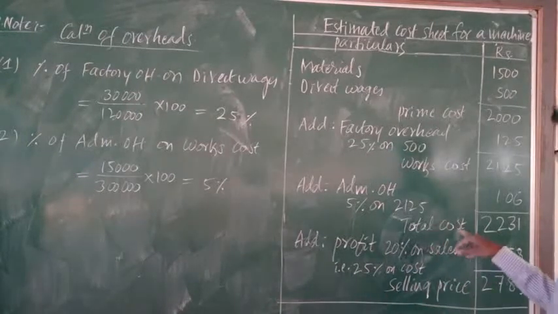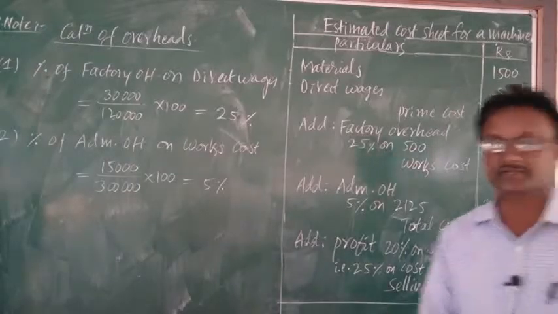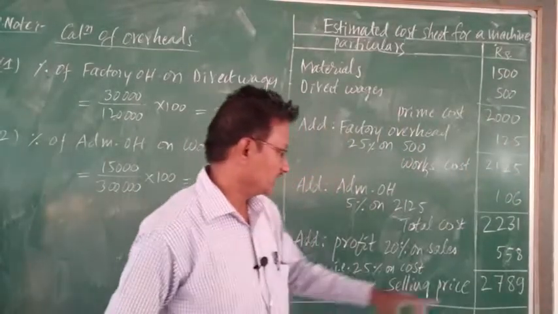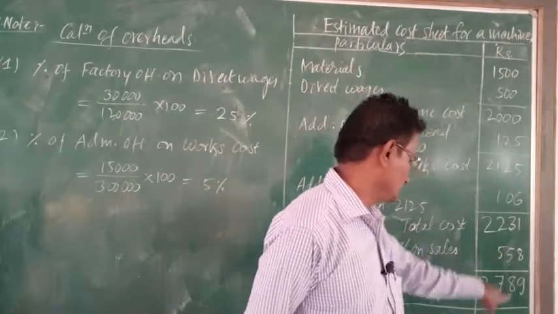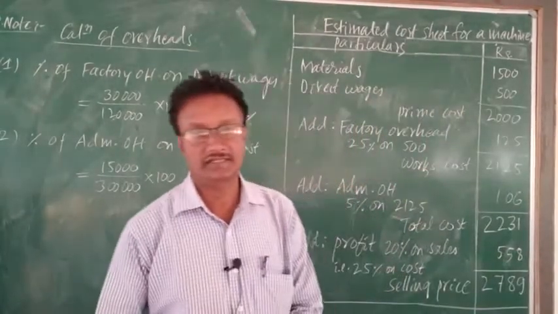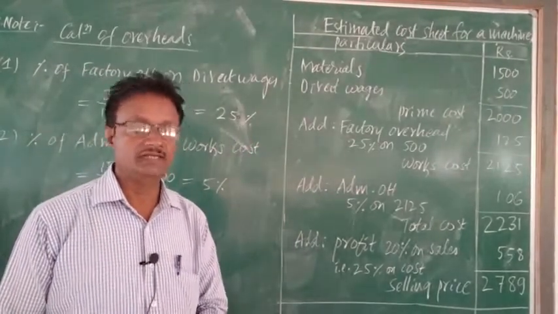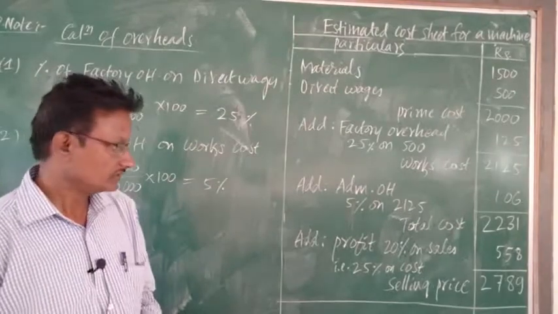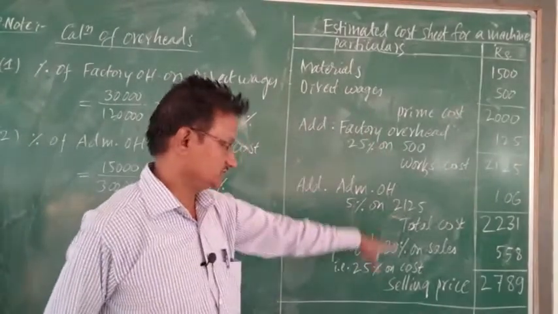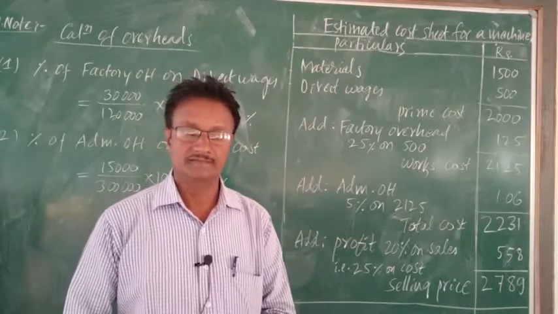So we take 25% on cost, that is 25% on 2231, it becomes 558. By adding 558 to the total cost, the selling price is 2789. So the price to be quoted by a manufacturer for supplying that particular machine is 2789. Thank you.